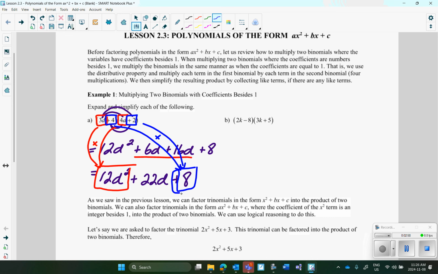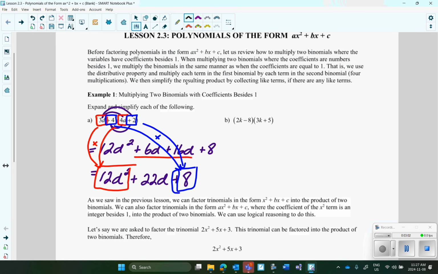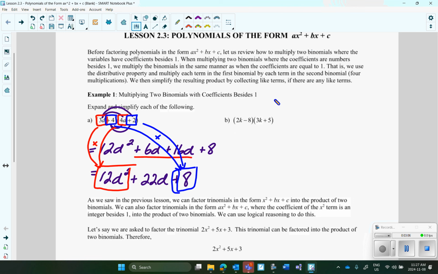It's always going to be, and there's a reason I picked this, the middle term will always be the outside term multiplied, the inside term multiplied, and added together.